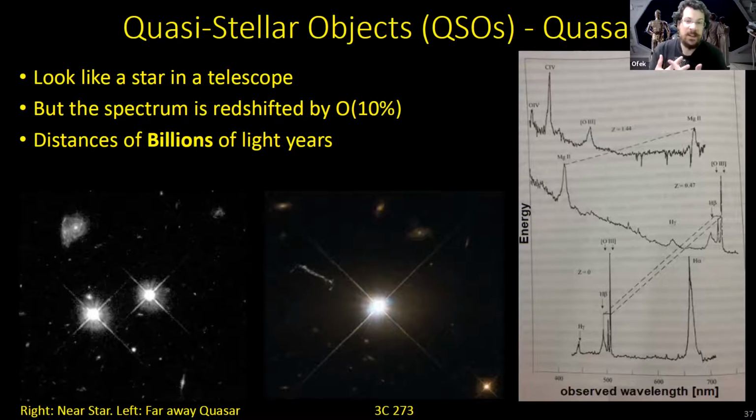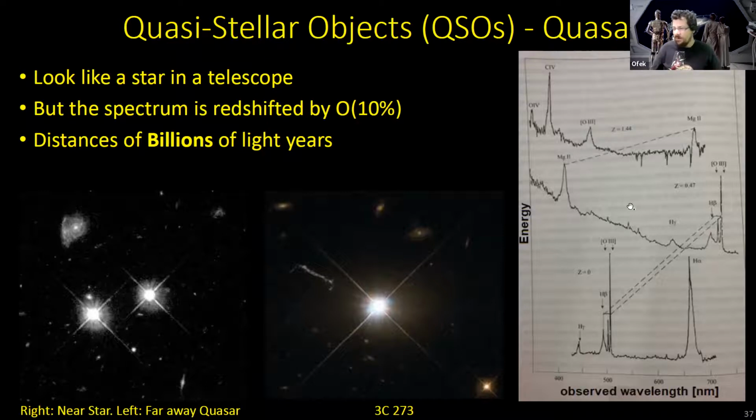And that basically means it has to have a fraction of the mass of a galaxy. So it was realized that these quasi-stellar objects are actually kind of galactic in scale.